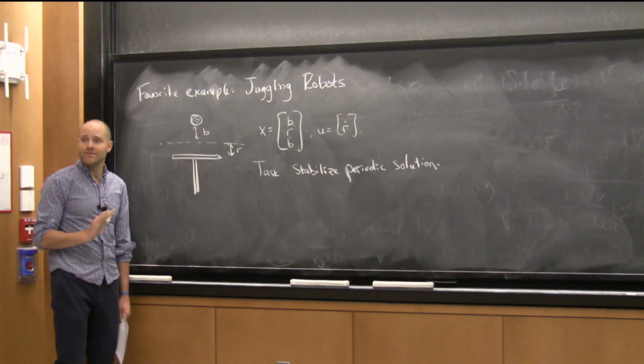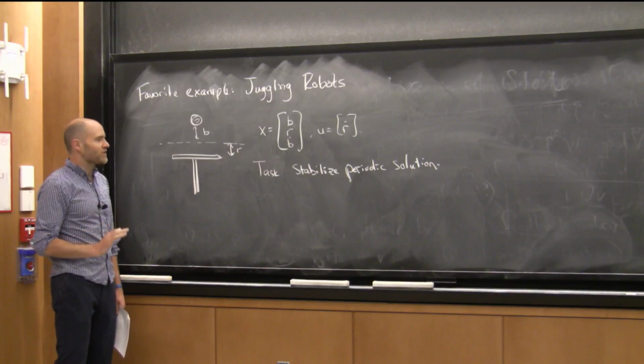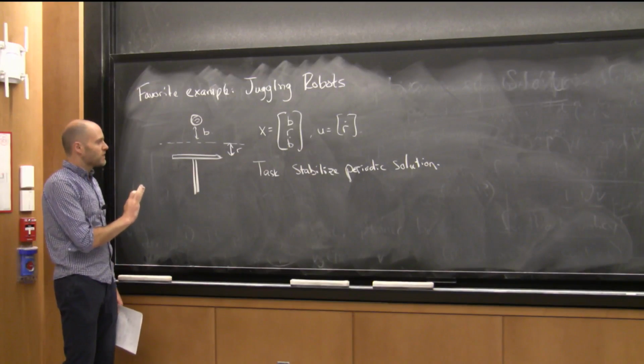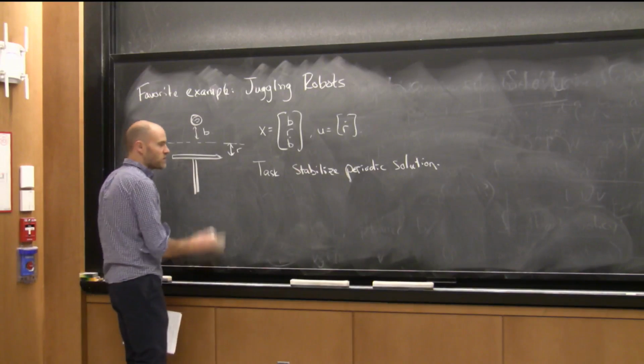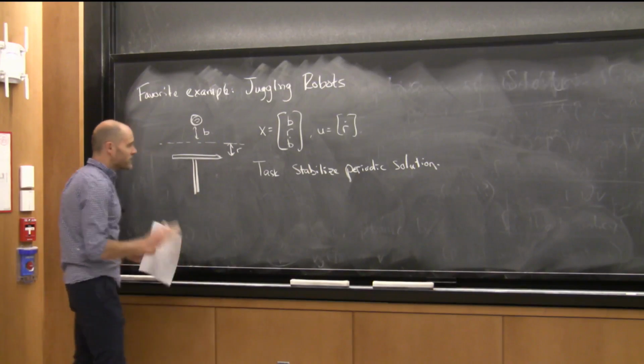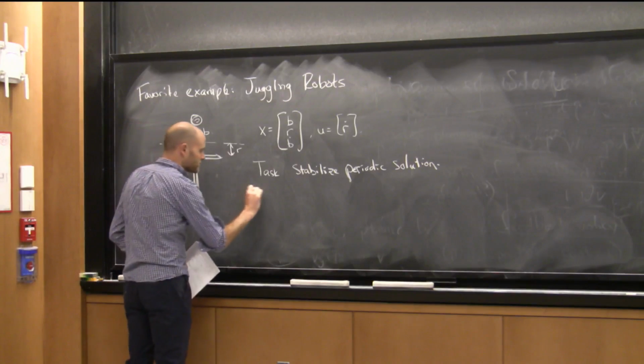Everything gets easier. The analysis gets easier. The control design gets easier if you impose something on your controller, and it'll flatten out the state space. And this big idea is called the mirror law.